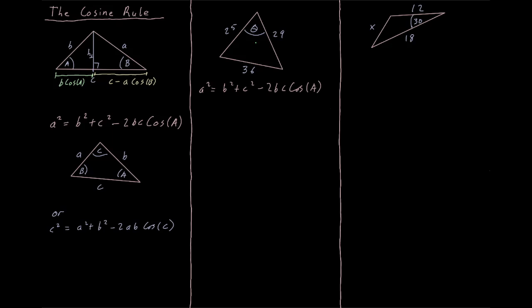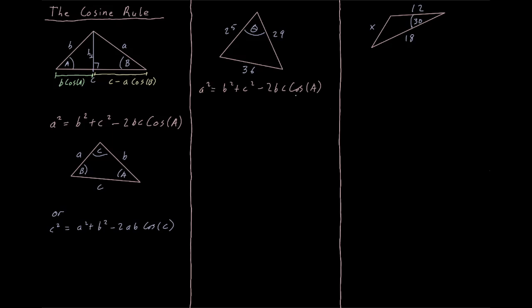Which one of my formulas for a non-right angle triangle connects all three sides and an angle? The only thing that does that is the cosine rule. All three sides are in the cosine rule, and I have an angle. So if I have three sides and an angle, I am going to look for the cosine rule.